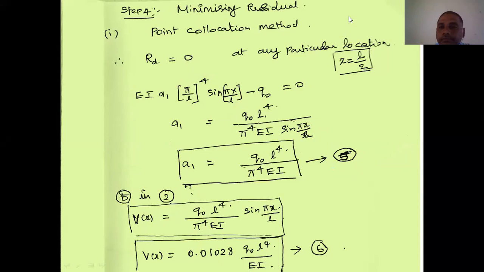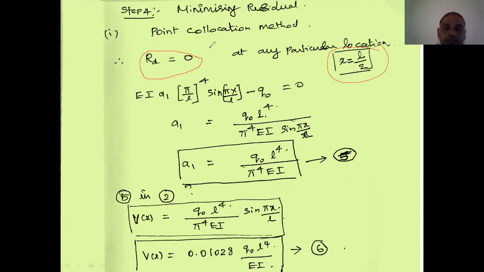So here, in the point collocation method, at any particular location, we are going to assume x is equal to L by 2. At this particular location, we are going to make the residual 0.